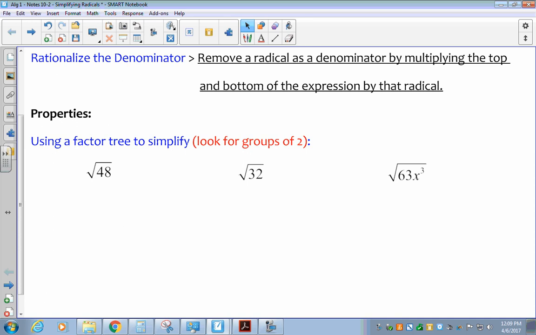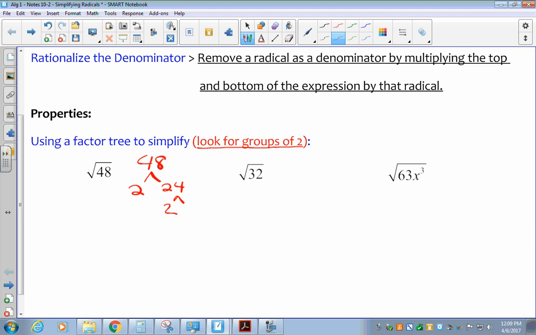So we're going to break 48 into its factors. And we're going to look for groups of 2. So half of 48, 24. Half of 24, 12. Half of 12, 6, and half of 6, 3.